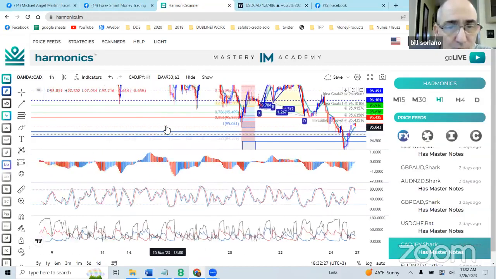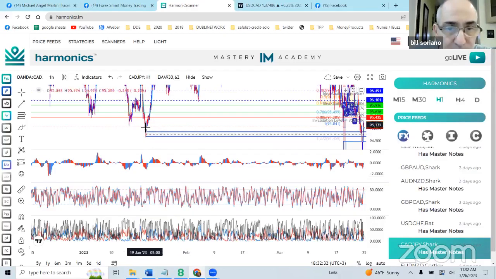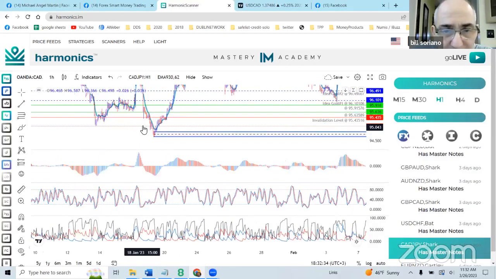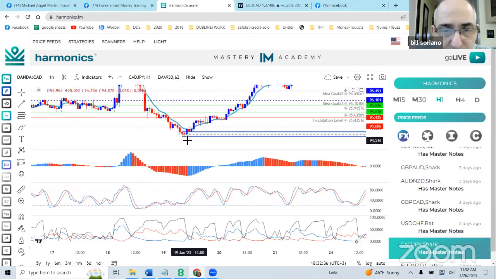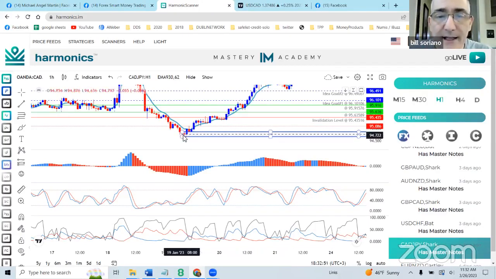And if you scroll over, this one goes pretty far back, but you'll see what he's looking at here. Basically, he's using this 1 hour banker candle right here. It's the last down candle before this big move up. And he uses wick to wick to identify the order block, or the liquidity block, as we call it. And he uses a halfway point to identify where the point of interest line is.